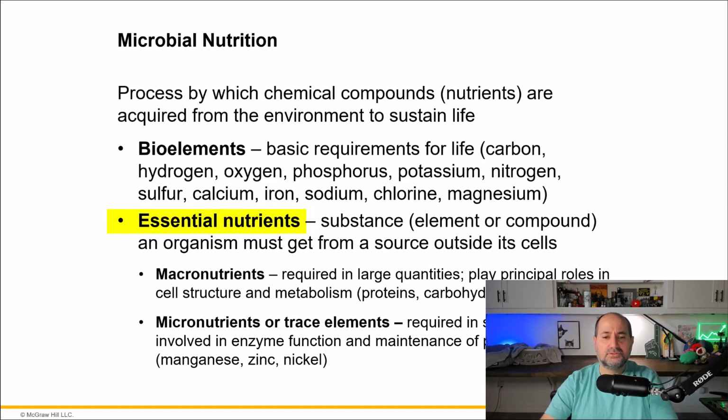These are essential nutrients or substances that can be elements or compounds that an organism must get from a source outside the cell. Some of them they require in large amounts. These are known as macronutrients. And some are required in smaller amounts or even in trace amounts. These are known as the micronutrients or trace elements.